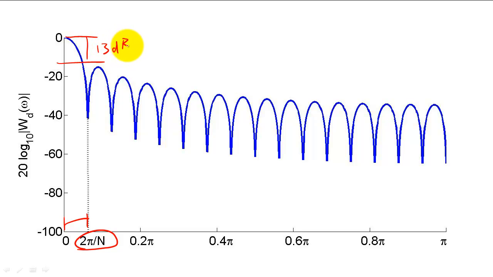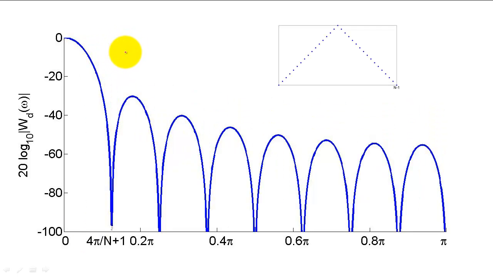Now, the main lobe and side lobe of the triangular window would look like this. As you can see, the height of the side lobes shrunk considerably, but the width of the main lobe widened. Unfortunately, no matter what window we use, we will always have to trade off between reducing the side lobes and increasing the width of the main lobe.